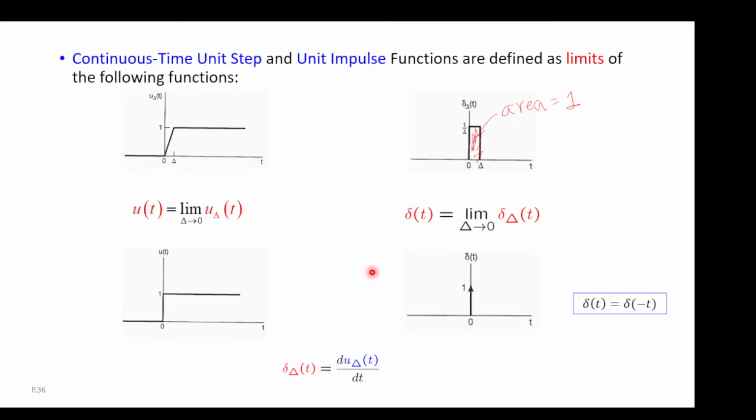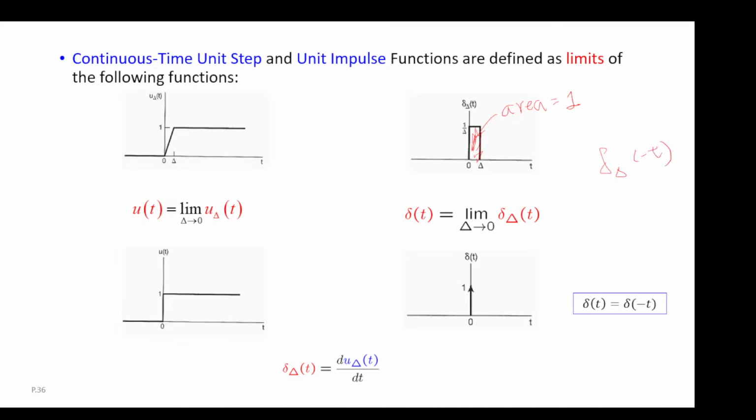If you want to go a little further, any function with area 1 and width going to 0 will have a limit that goes to this unit impulse function. So what I'm saying is that delta of minus t is a limit of another function.